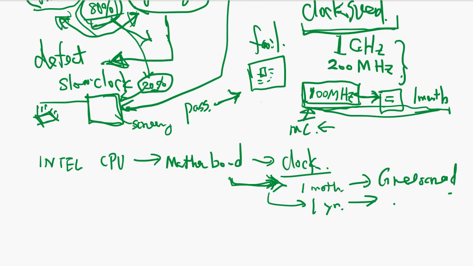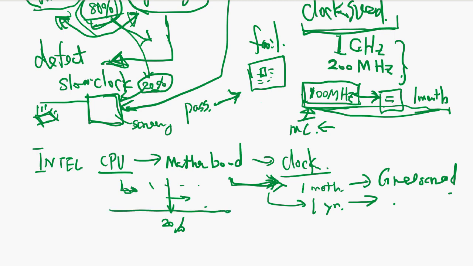When Intel sells the CPU, they test it at a certain clock speed, and they cannot test so many different clock speeds. So they say, okay, this one seems to be okay with a 20% test pattern, then they sell it. And there is a distribution.